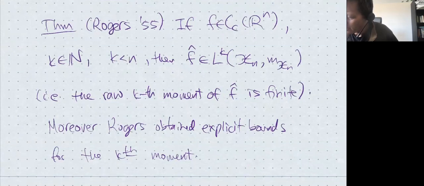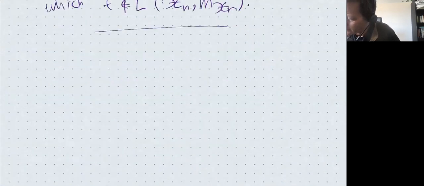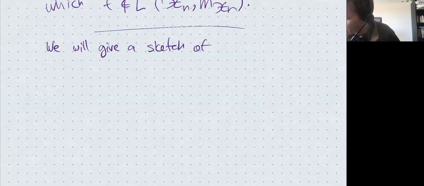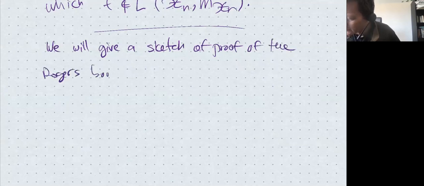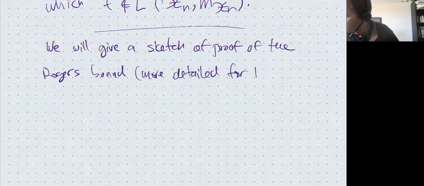So this is what we want to do. We will give a sketch of proof of the Rogers bound, which is more detailed for k equals 2, which is actually very useful in applications, as we'll see.